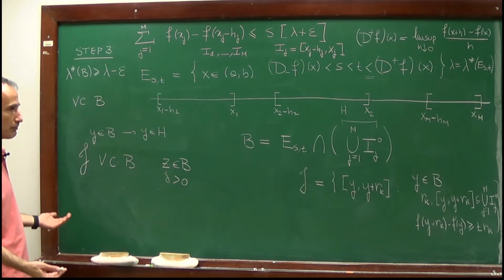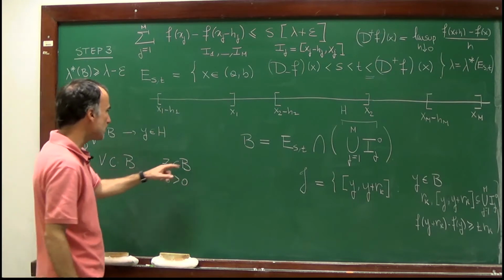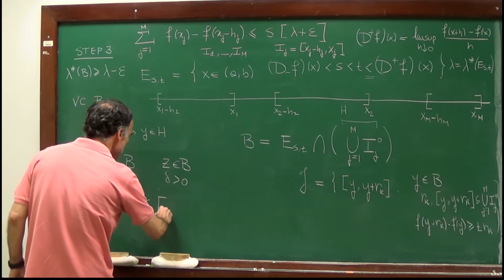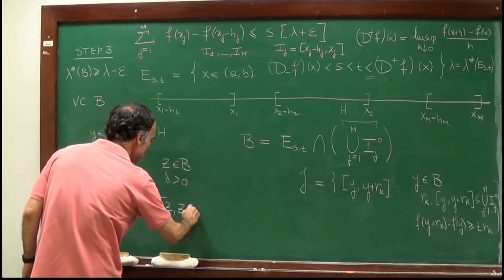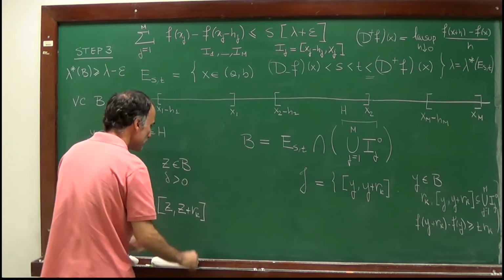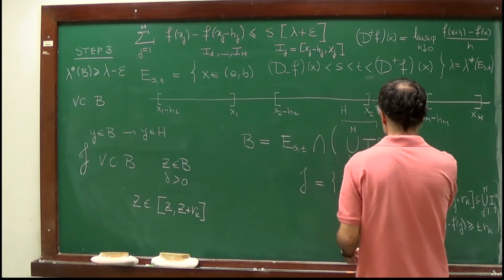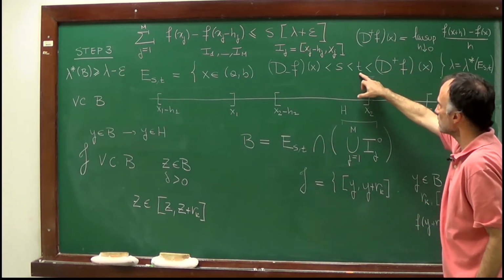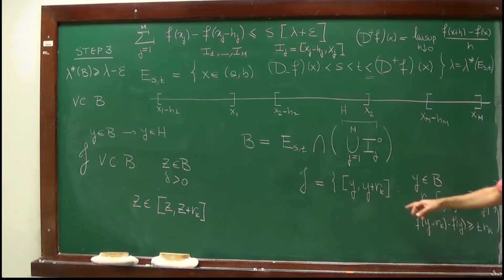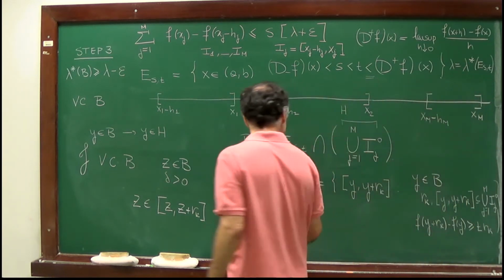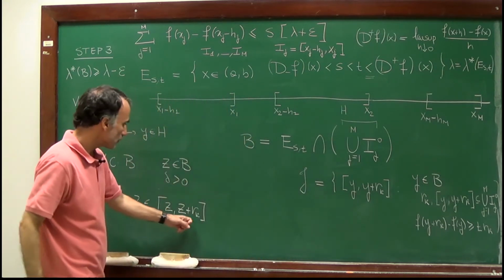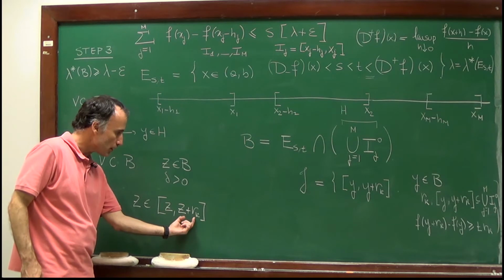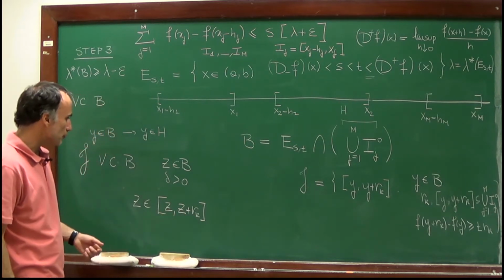That's very easy, because since z belongs to B, z belongs to the interval z plus r_k. And r_k is the sequence we obtained from the fact that this derivative is bigger than t. So there exists in this family a countable number of such intervals whose length is equal to r_k, and r_k is converging to 0.